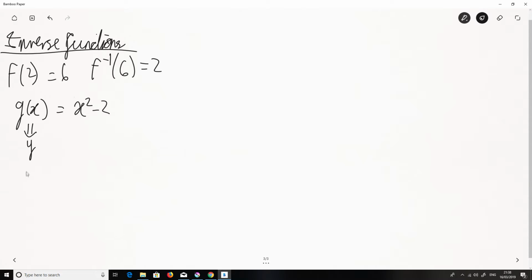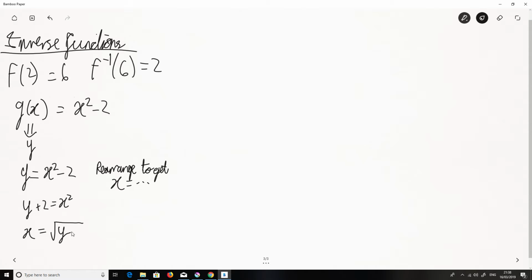So we'll say this is now y equals x squared minus 2. So what we want to do is rearrange to get x equals something. So we want to get x from this. So what we do is rearrange this. So y plus 2 is equal to x squared. And so x is equal to the square root of y plus 2.